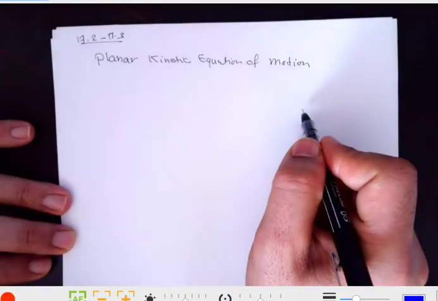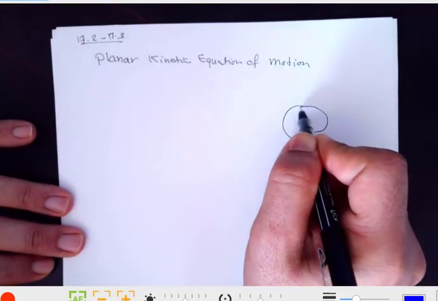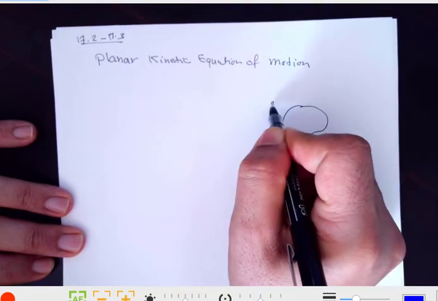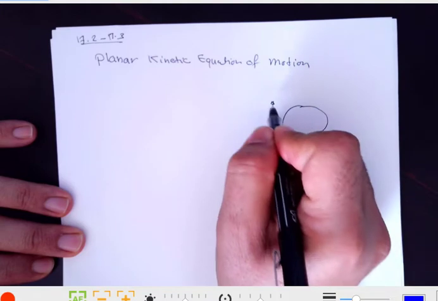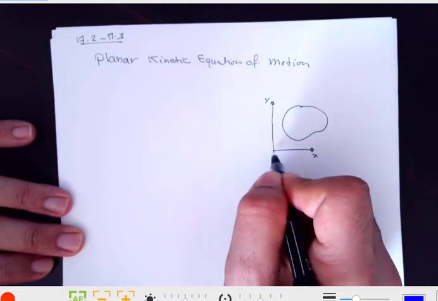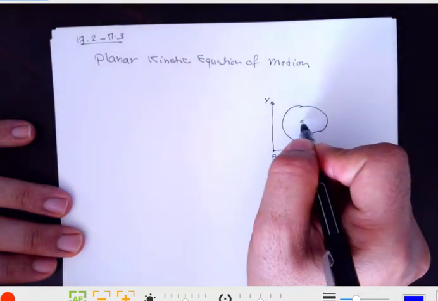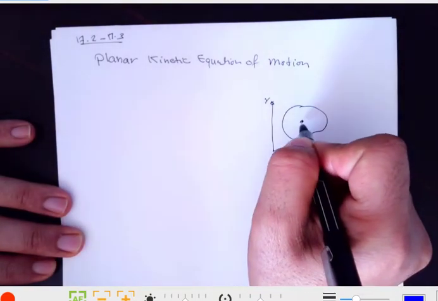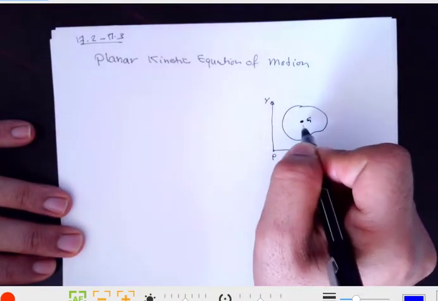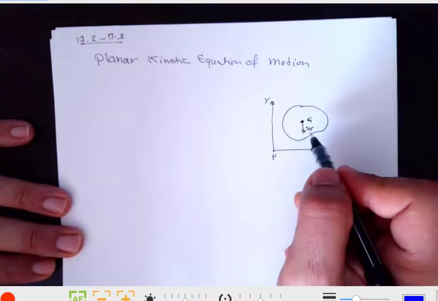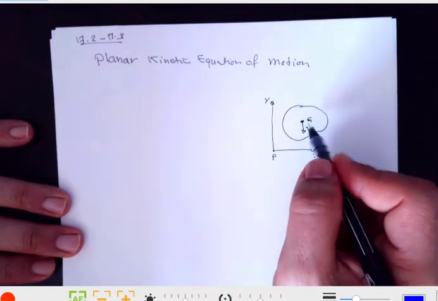So if we consider an object, and that object is located using a Cartesian coordinate system that has an origin P, and the center of mass of that object is located at G, we know from statics that the weight of that object is represented at G.